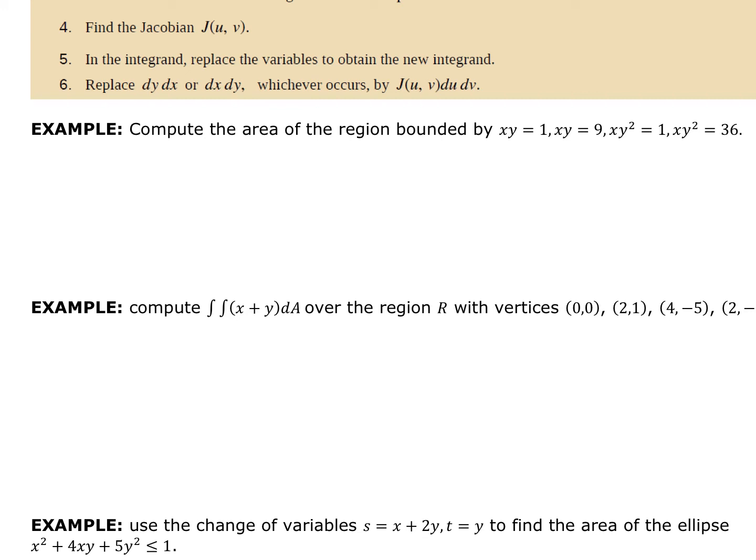I notice that I have x times y in 2 places. So I'm going to let u equal x times y. Similarly, I see xy squared in 2 places, so I'm going to have v equal xy squared.